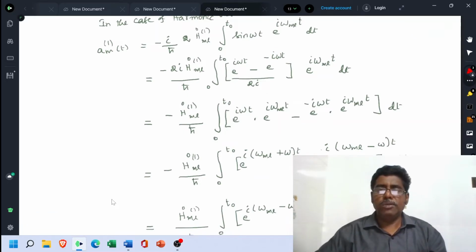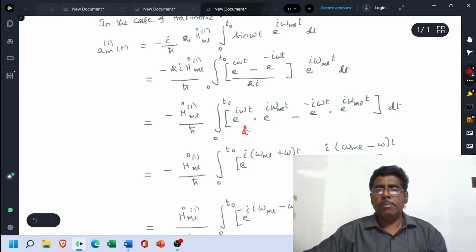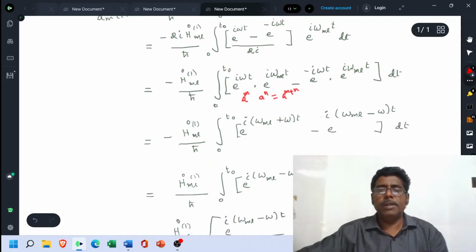Now combine these two terms using the logic a power m into a power n is equal to a power m plus n. Take this i outside: omega ml plus omega into t, minus e power i into omega ml minus omega into t. The entire expression is multiplied by dt.